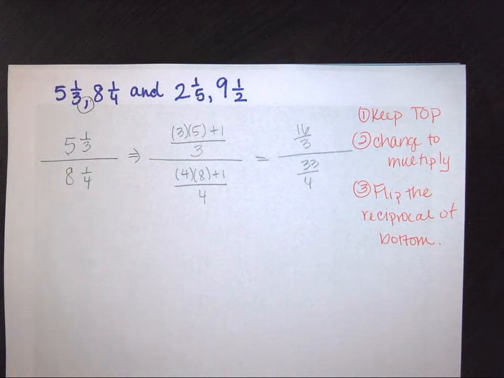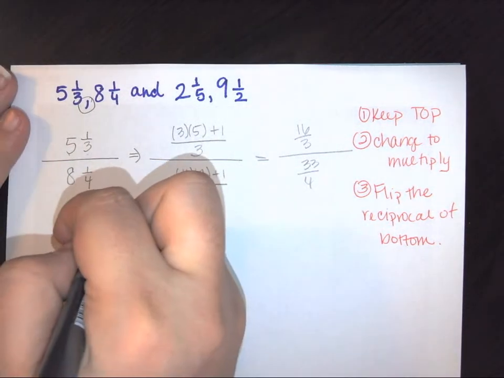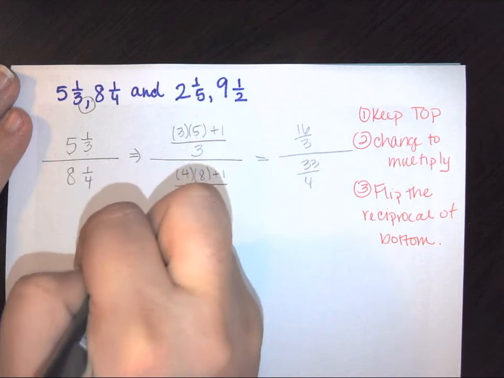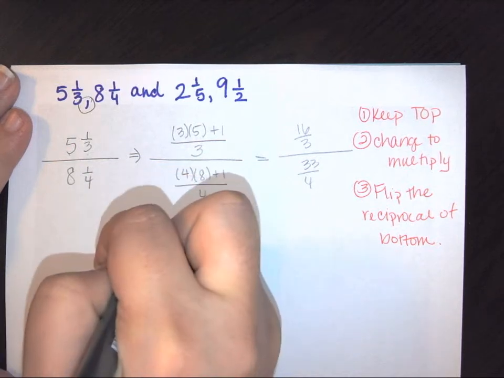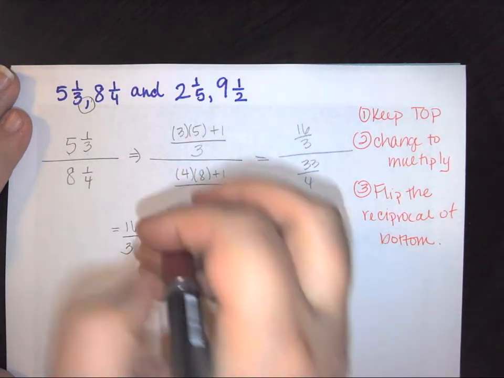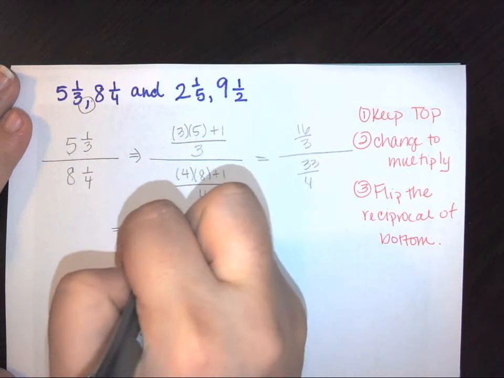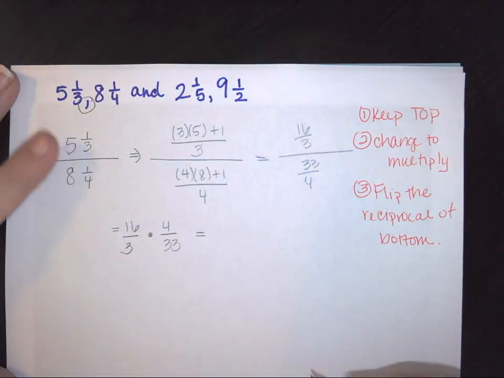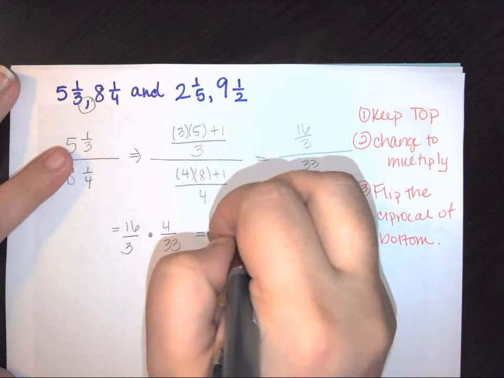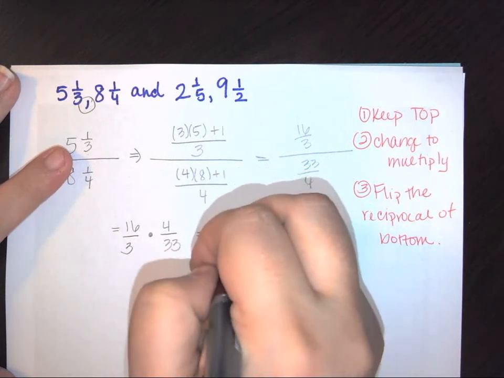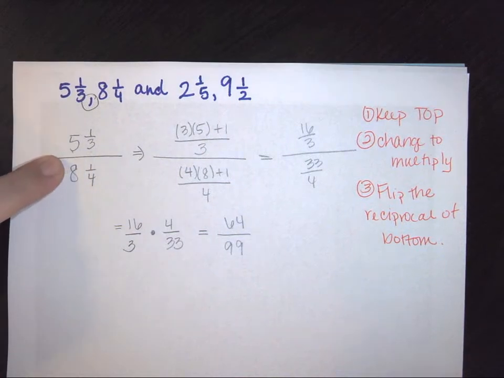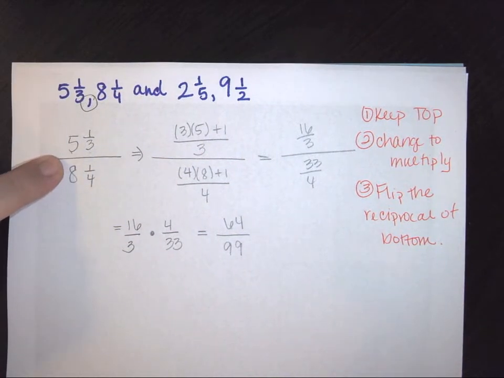And that's how you're going to rewrite it. So here this is going to give us 16 over 3, so keep the top, change to multiplication, flip the reciprocal, becomes 4 over 33. If we multiply straight across, we end up getting 64 over 99. So that is actually this first fraction reduced down.